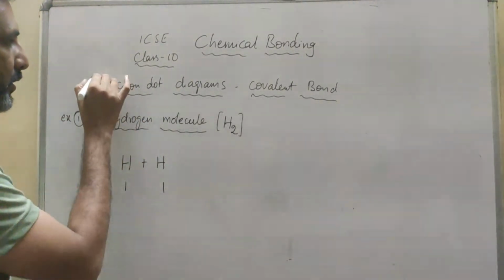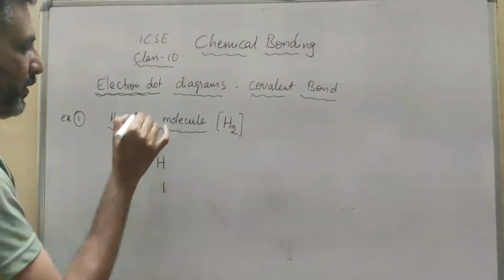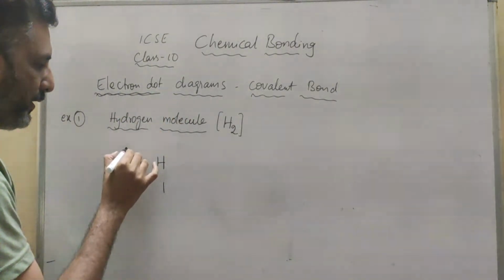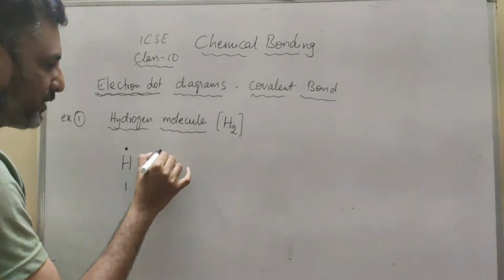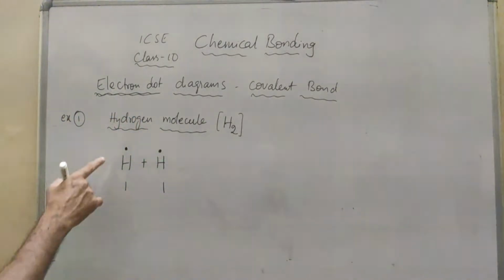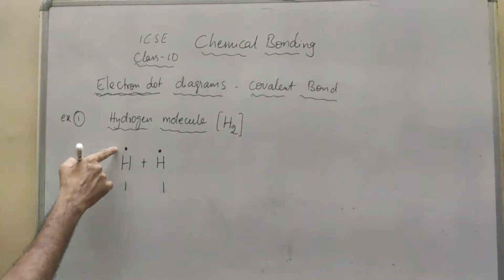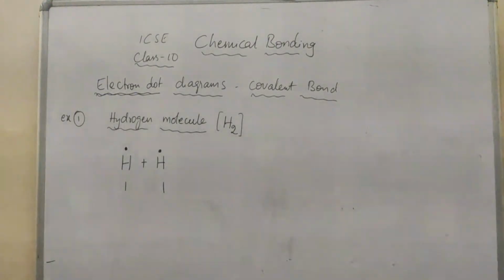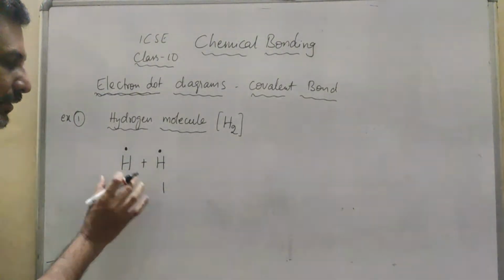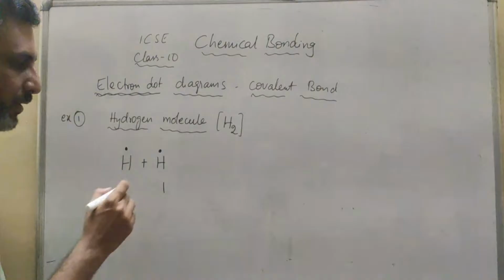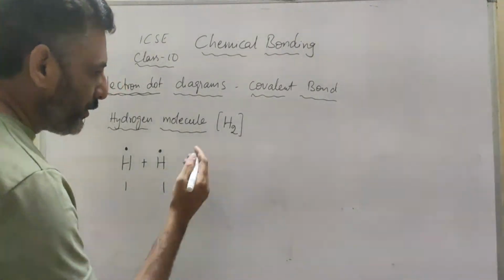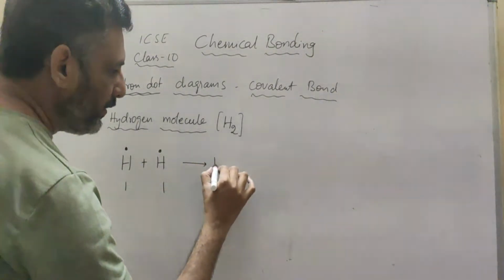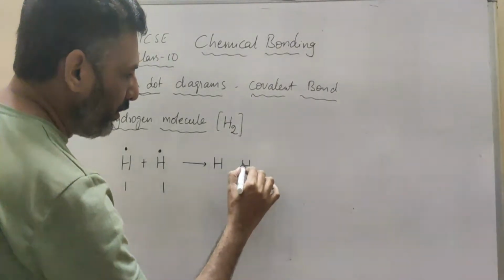So in electron dot diagram, you will show the electrons present in the valence shell like this. So this indicates the number of valence electrons present in that particular element. Now, as I told you already, hydrogen has only one electron.